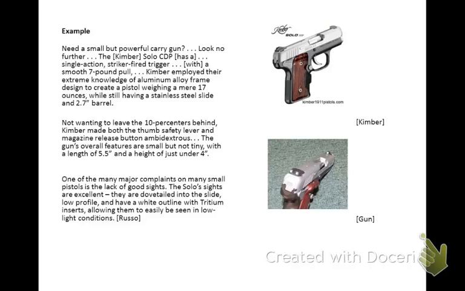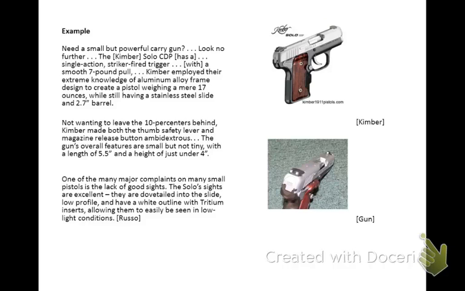Need a small but powerful carry gun? Look no further. The Kimber Solo CDP has a single action striker-fired trigger with a smooth 7-pound pull. Kimber employed their extreme knowledge of aluminum alloy frame design to create a pistol weighing a mere 17 ounces, while still having a stainless steel slide and 2.7-inch barrel. Not wanting to leave the 10%ers behind, Kimber made both the thumb safety lever and magazine release button ambidextrous.